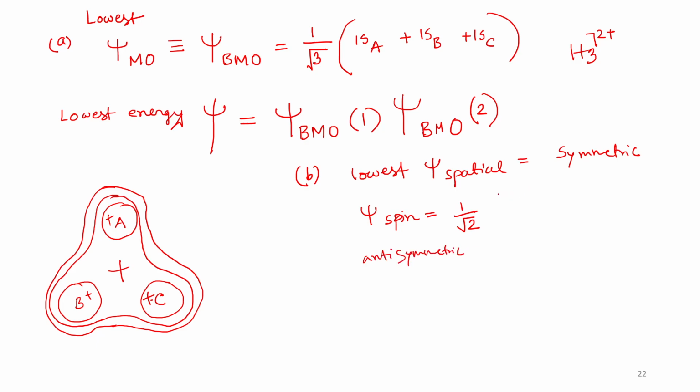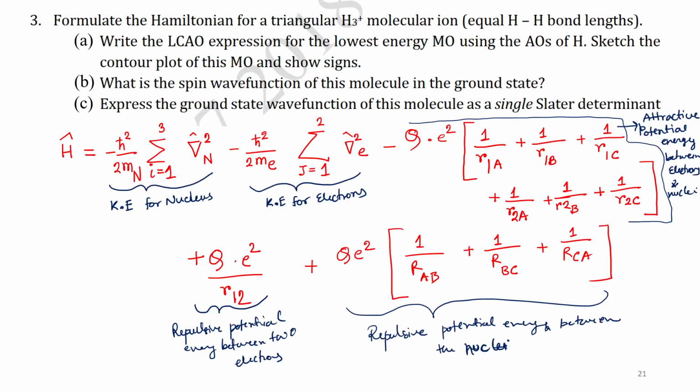There is only one antisymmetric case, that is alpha 1 beta 2 minus alpha 2 beta 1. Another approach is to write the beta first, but okay. So this is what your spin wave function is going to look like.